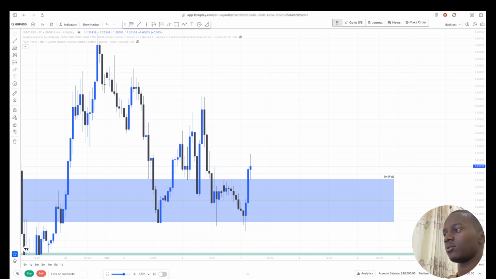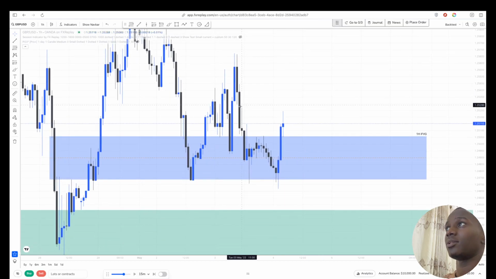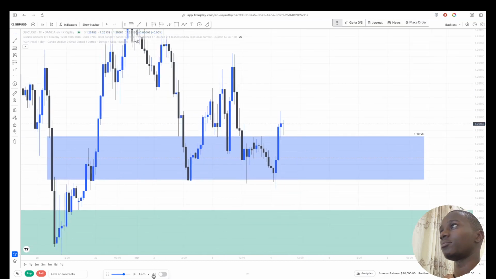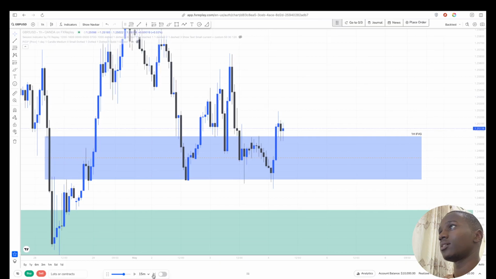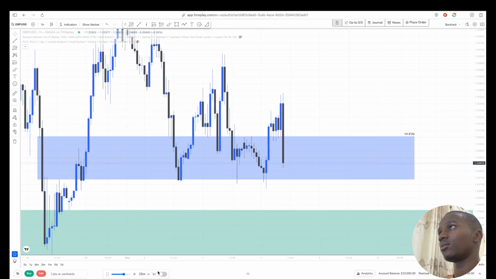So we also have another. Okay, so let's wait for the setup to show and we can look for some potential trades. So it's currently 6. Let's wait for retracement to the fair value gap.